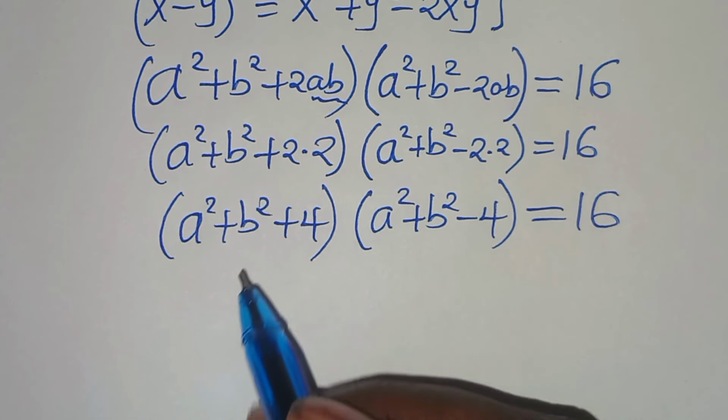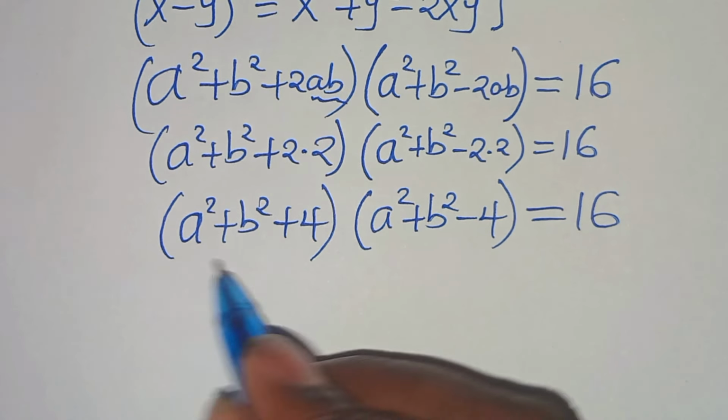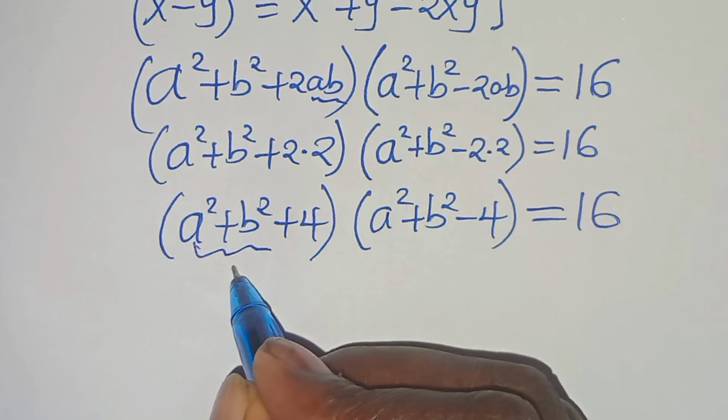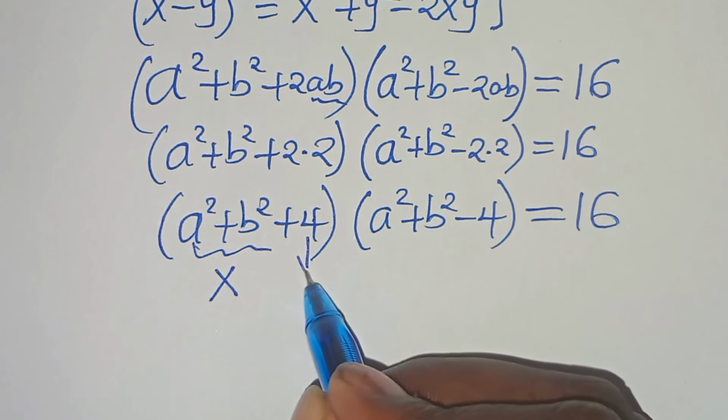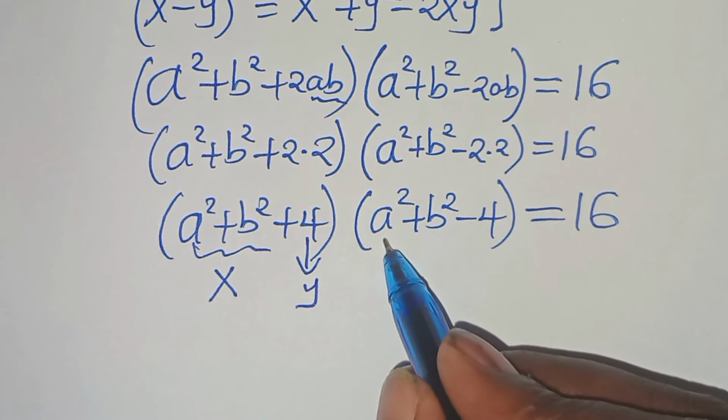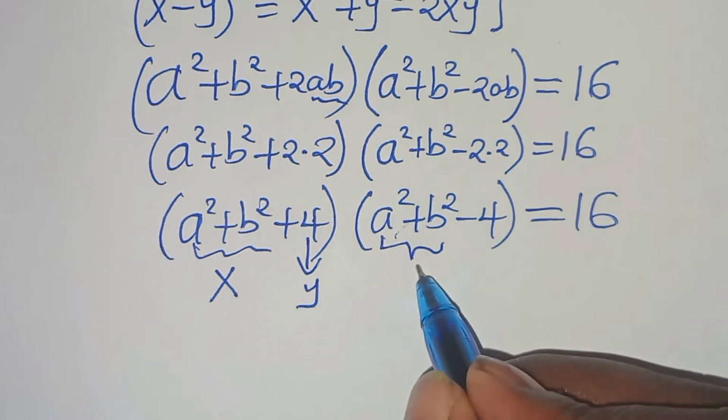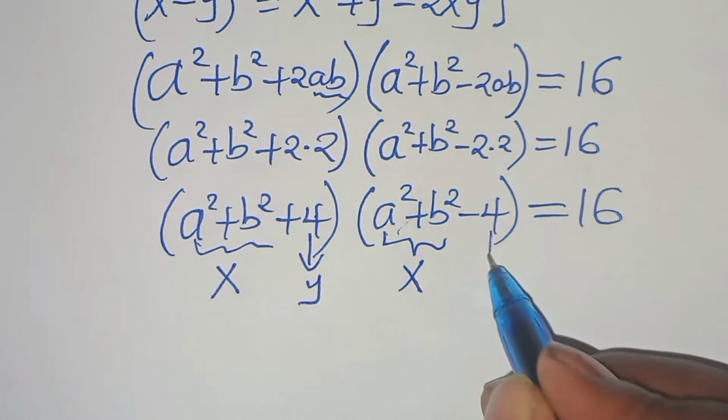Now, we have that a squared plus b squared, this is the same thing as x. And we have that 4 is the same thing as y. And we have that a squared, this is the same thing as x. And this is the same thing as y.